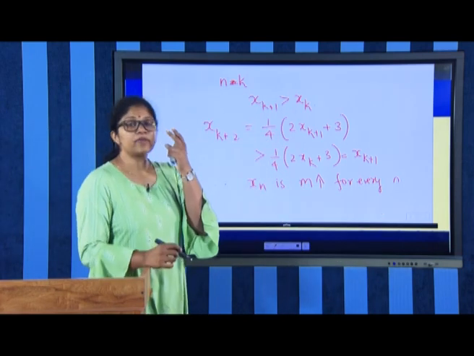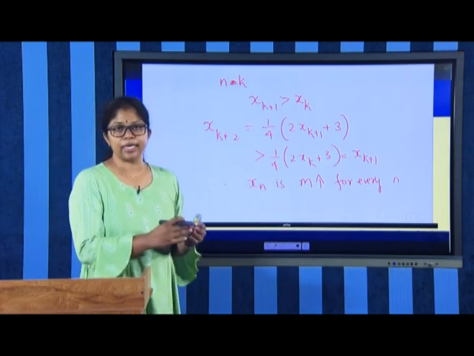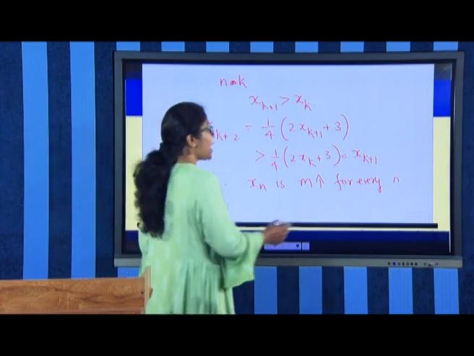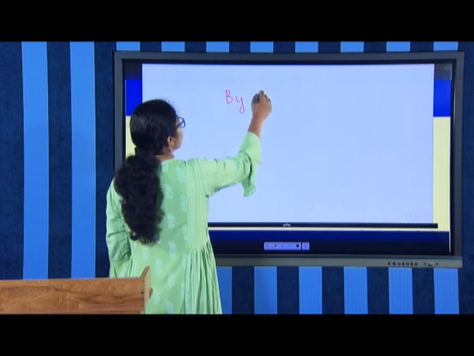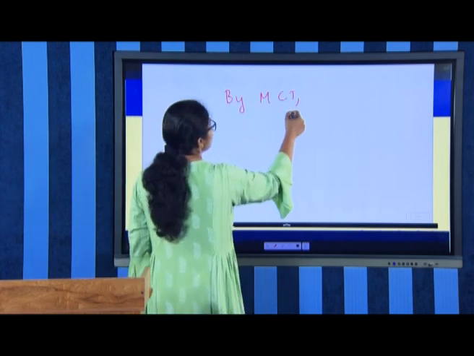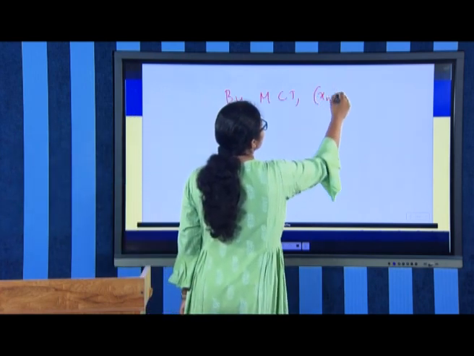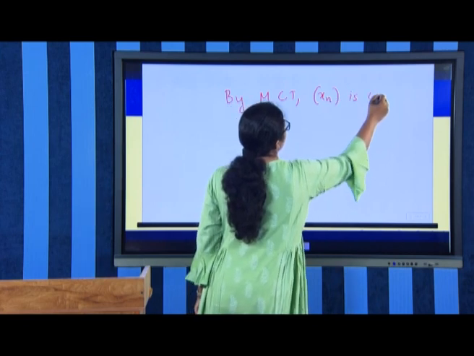Hence, we have the sequence xn to be monotonic increasing and bounded, and therefore, by the monotone convergence theorem, the sequence xn is convergent.